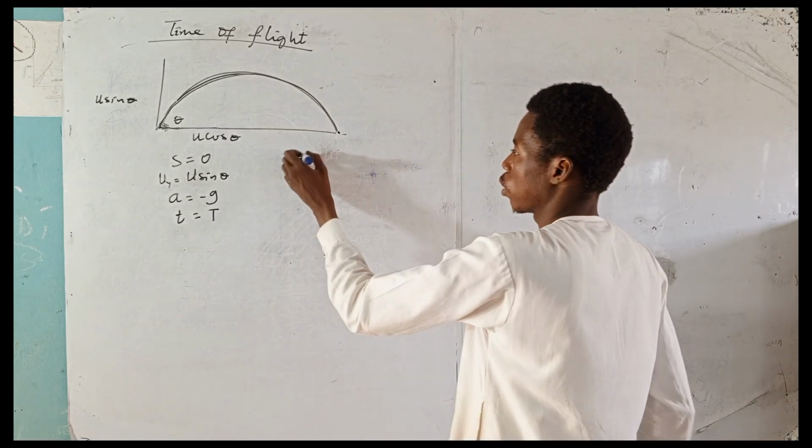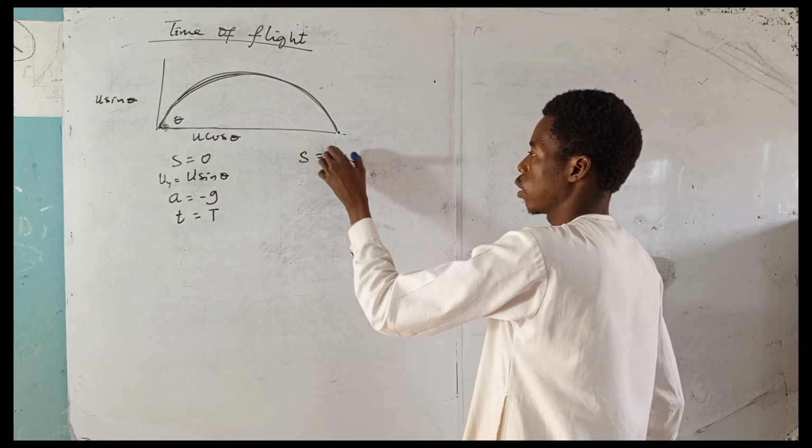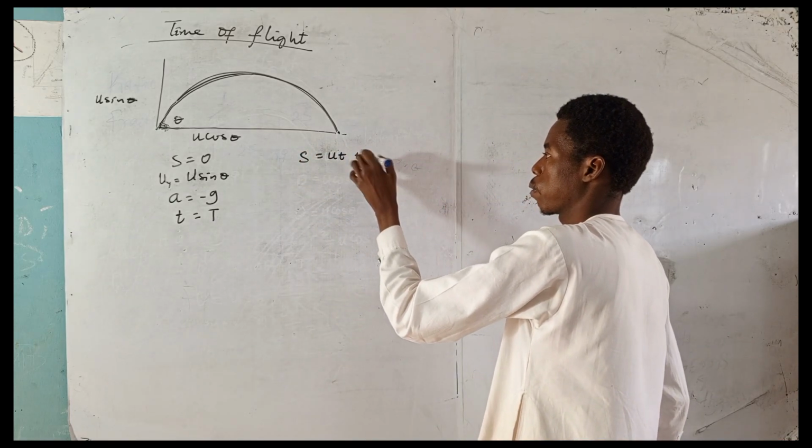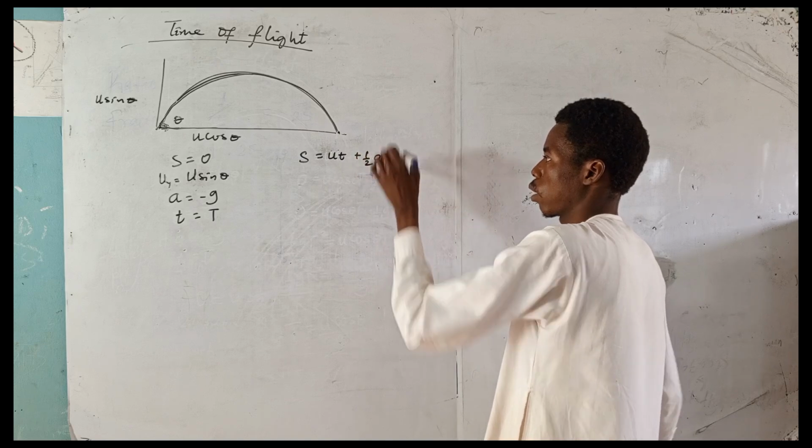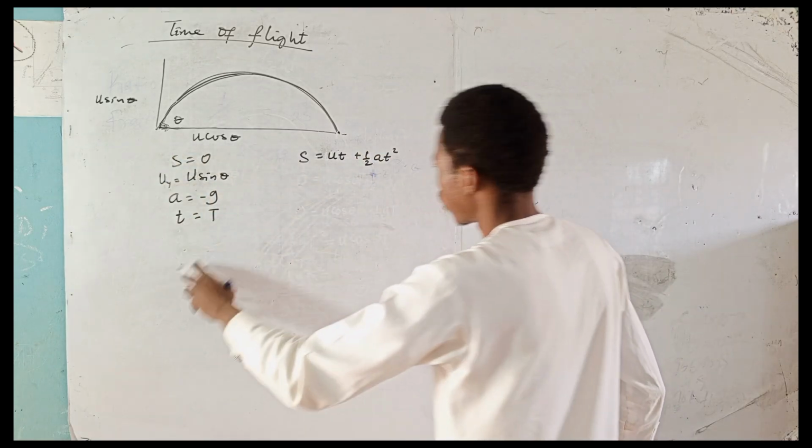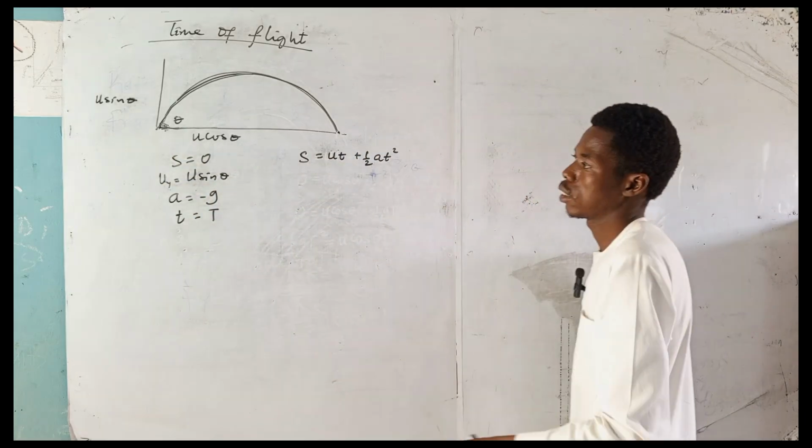We are going to use s equals ut plus half at squared. Let's substitute this into this equation and get it.